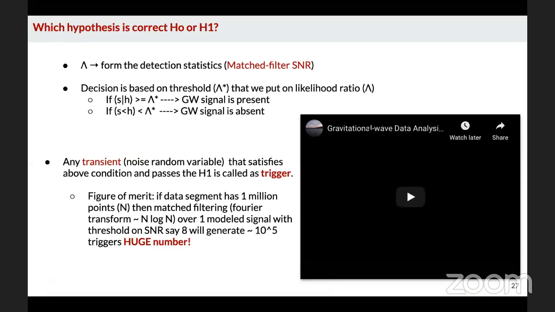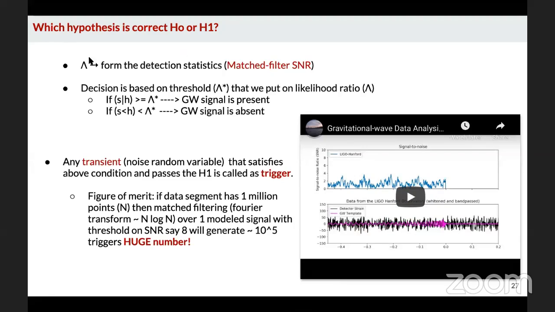Okay, now this is a bit complicated to understand, but let's move ahead. We have developed this matched filter statistic, which eventually forms the SNR of the signal. Now we know that the SNR is calculated in the following way, given in the previous slides, but how do we decide whether the signal is detected or not?